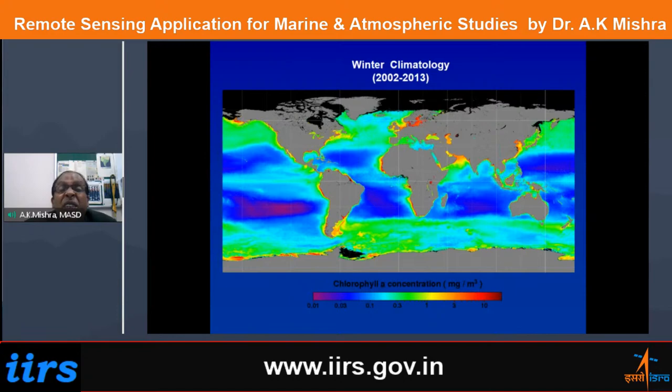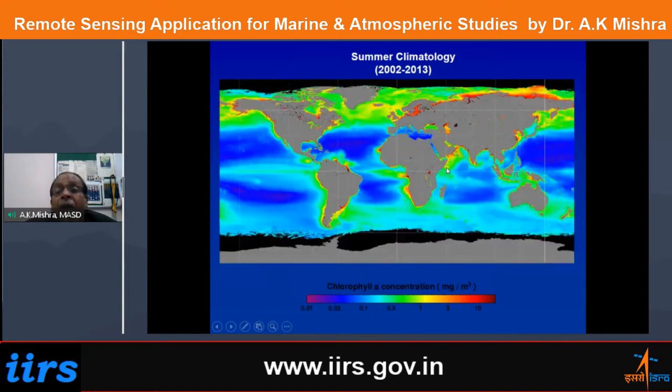So this is the winter climatology in detail. You can see the oceanic desert areas and the equatorial zone, and here, due to winter convection, you are getting a winter bloom in the Arabian Sea, and during summer, due to the southwest monsoon on the Somalia coast, you get a lot of upwelling and more phytoplankton growth takes place in this region.